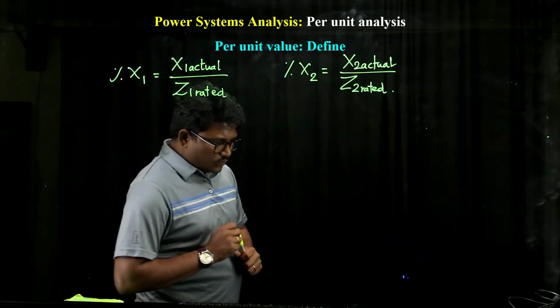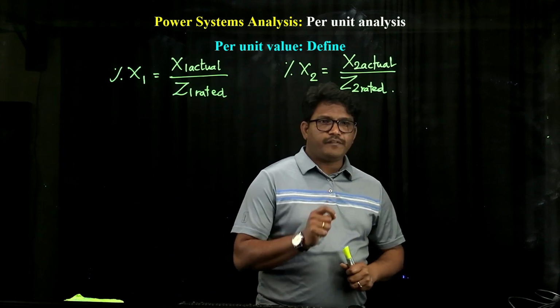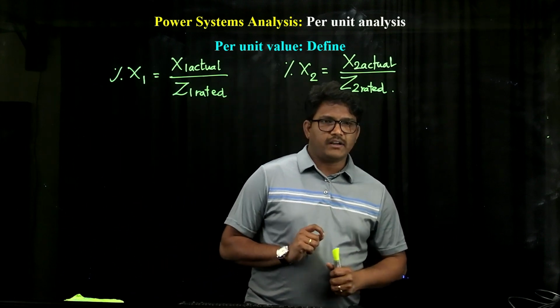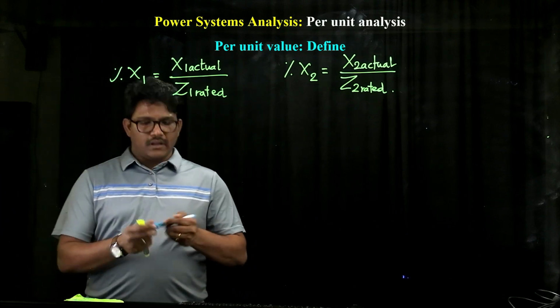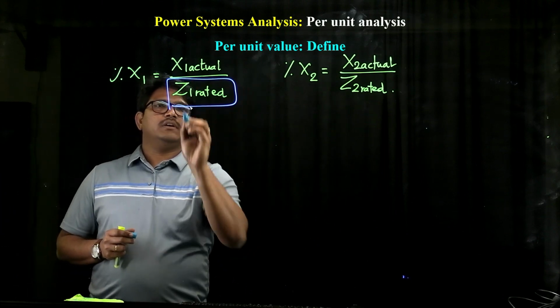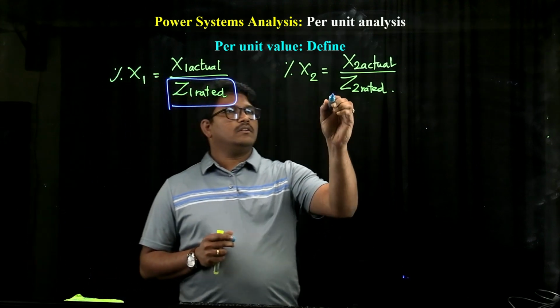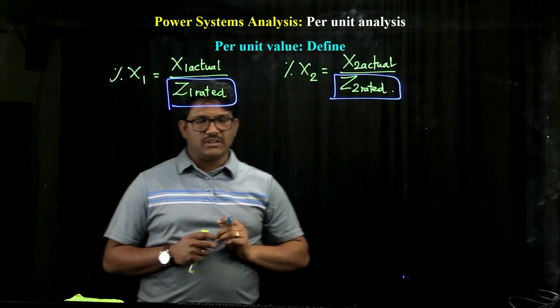So the whole reason why we ended up getting different actual values in spite of having the same percentage quantity is because we referred reactances with reference to the ratings of the machine.